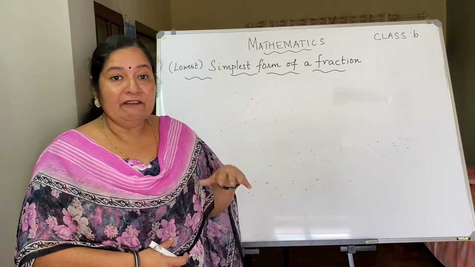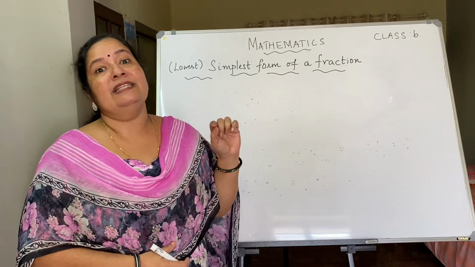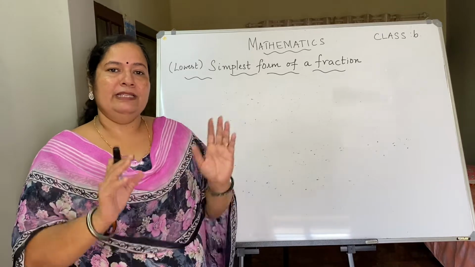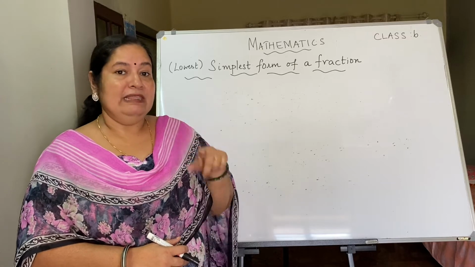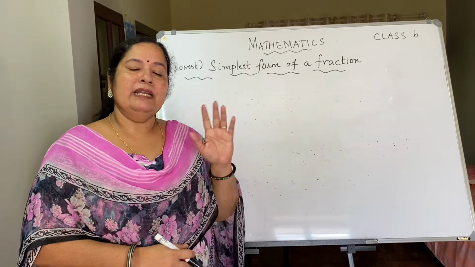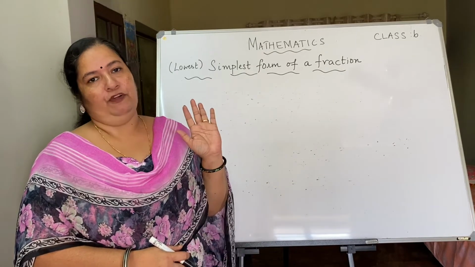Then divide both numerator and denominator with this HCF. So what is the second method? First you will find the HCF of the numerator and denominator of the given fraction. Then after finding the HCF, divide both numerator and denominator with this HCF, you will get the simplest form.